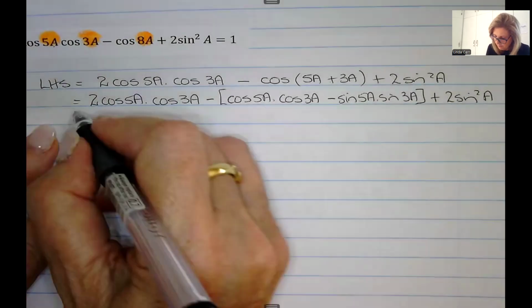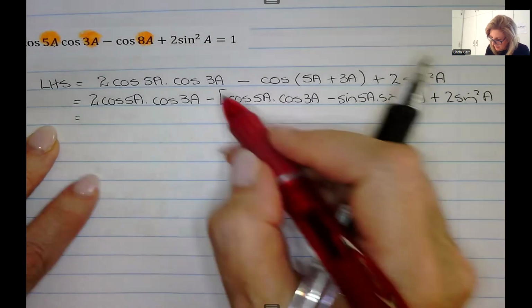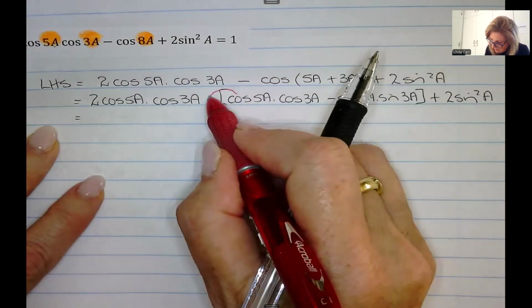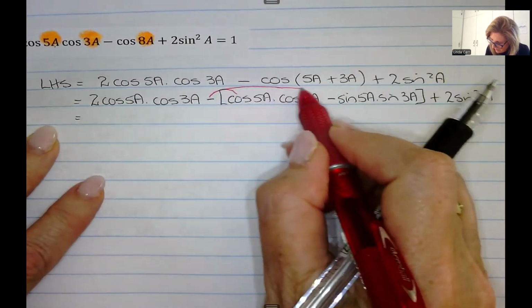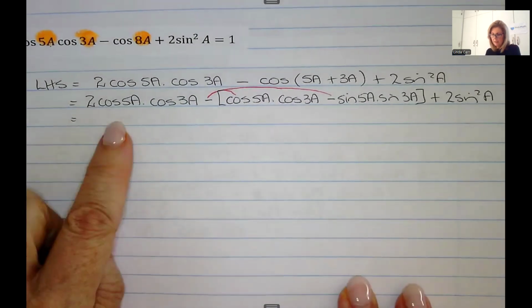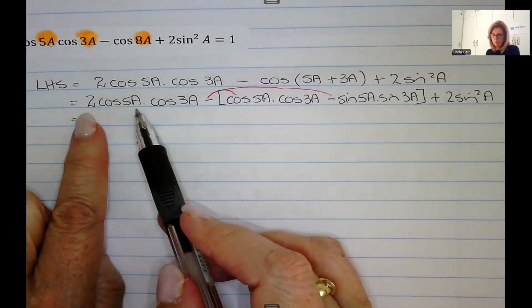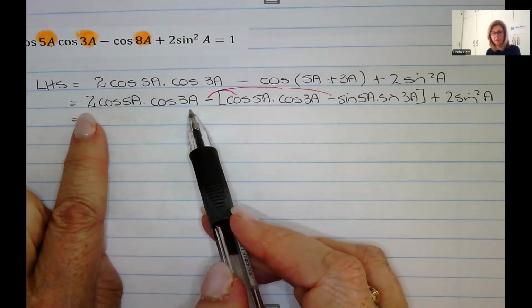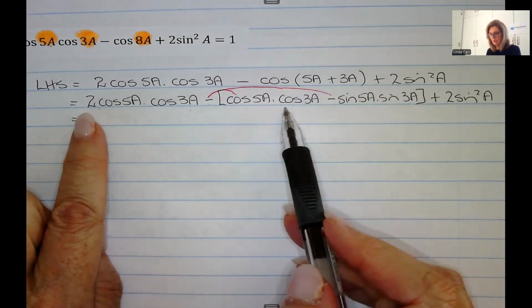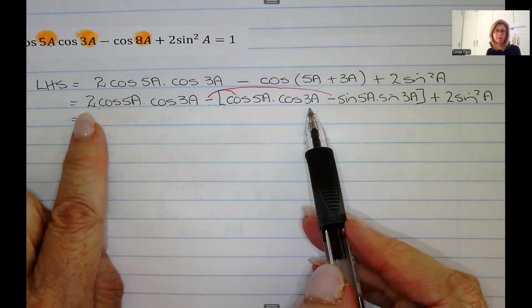All right, now here's where it gets interesting. If I multiply the minus or the minus 1 into the bracket, can you see that this is 2 cos 5A cos 3A minus 1 cos 5A cos 3A?